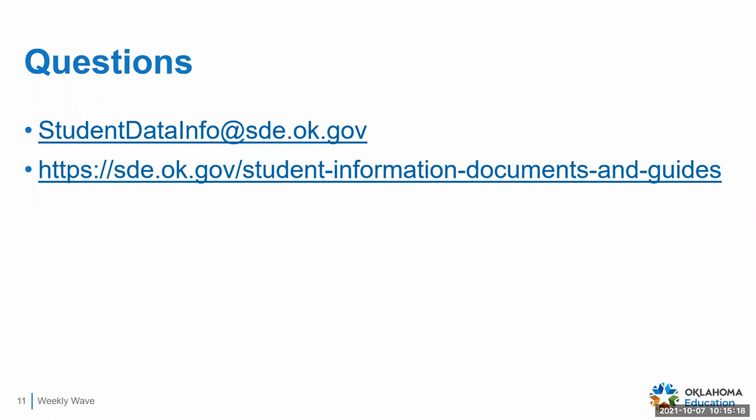There's a question about tribal info, and if you could email this directly to student data info, I need a little bit more information on what you're seeing in your student information system. Right now, the list of tribal affiliations that we have available encompasses the entire United States.